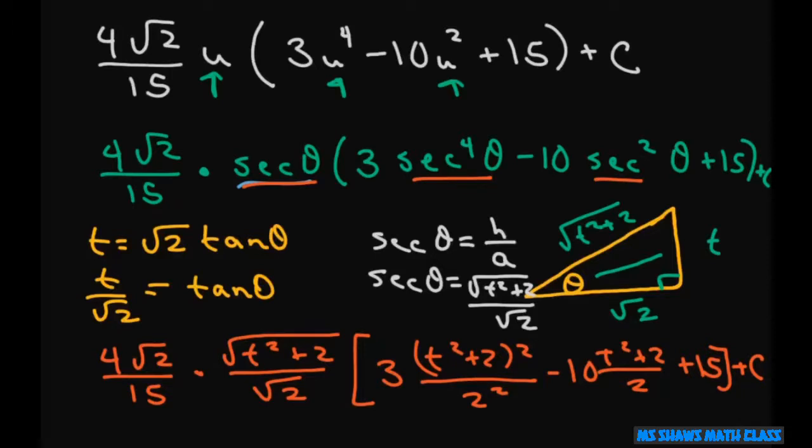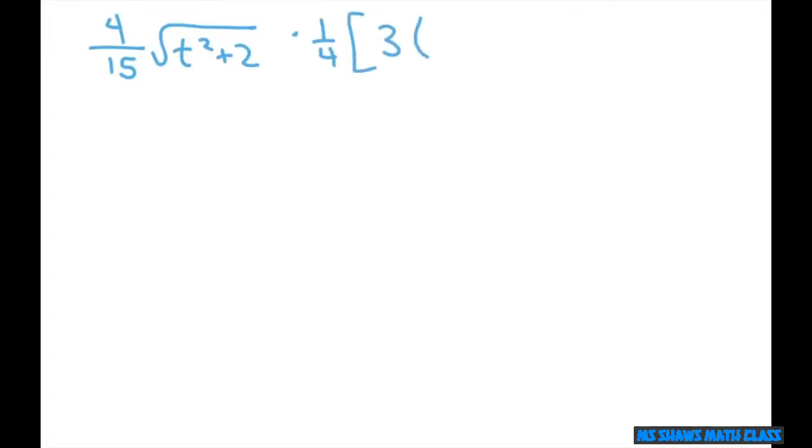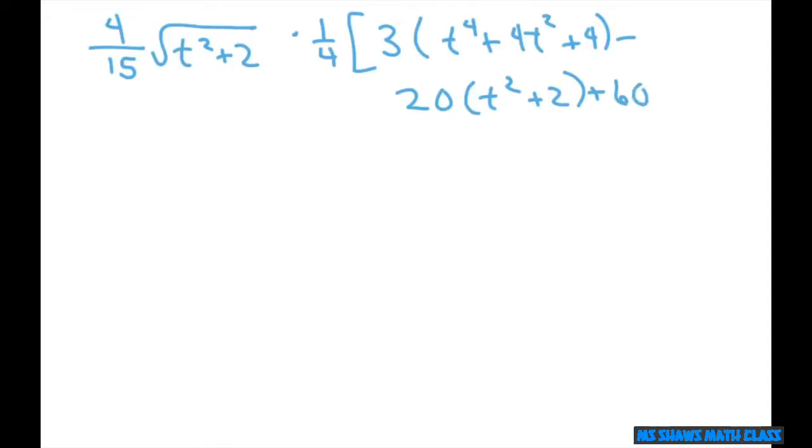All right, and then we can simplify further. If you simplify it further, you get 4 divided by 15 square root of t squared plus 2 times 1/4, and then you'll have 3 times t to the 4th plus 4t squared plus 4, minus 20 times t squared plus 2, plus 60, close all that up, plus c.